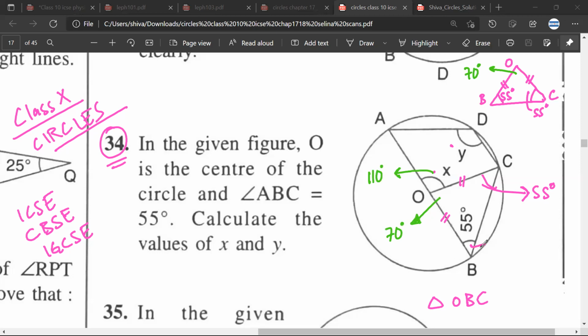And because ADCB is a cyclic quadrilateral, angle ABC, which is 55 degrees, and angle ADC, which is Y: 55 degrees plus Y is equal to 180 degrees. So Y would be 180 minus 55 degrees, and the answer would be 125 degrees.